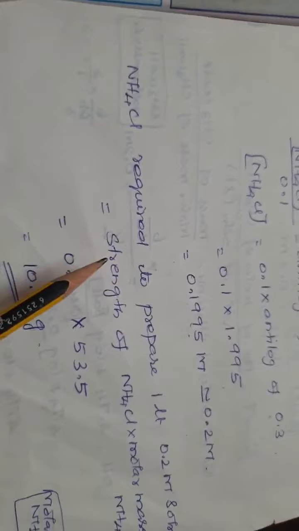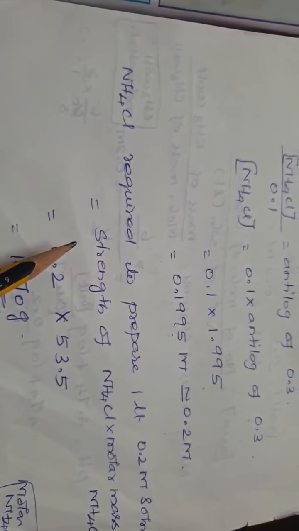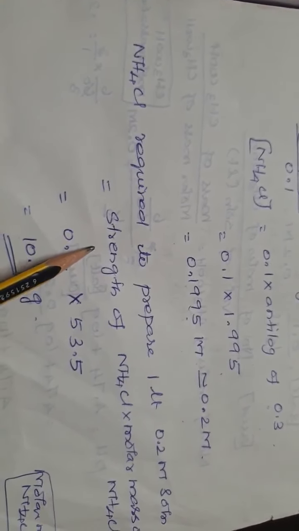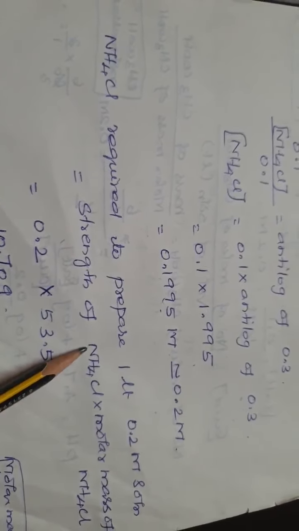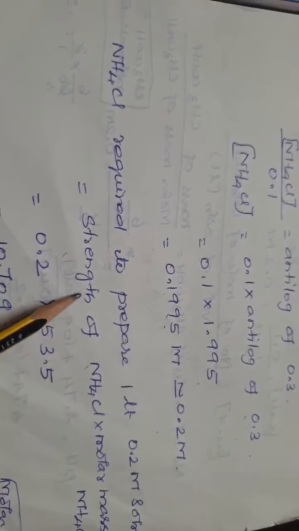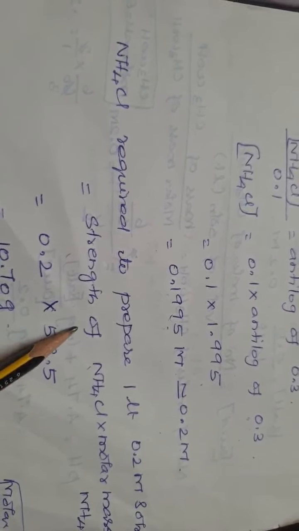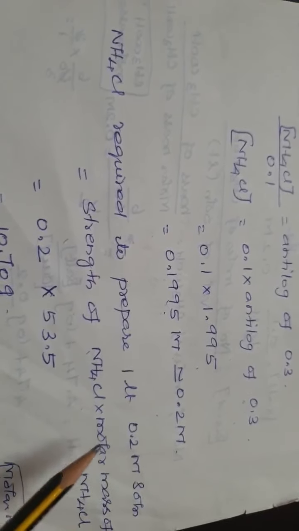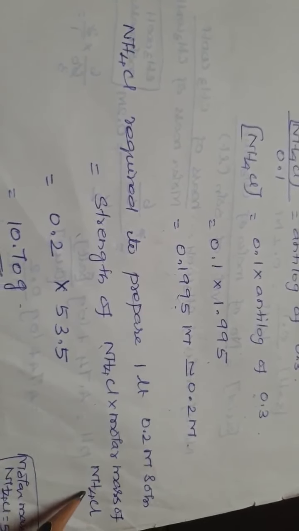So ammonium chloride required to prepare 1 liter of 0.2 M solution is equal to, this is the formula to prepare 1 liter solution: strength of ammonium chloride, expressed in molality, molarity like that. Here it is molarity into molar mass of ammonium chloride.